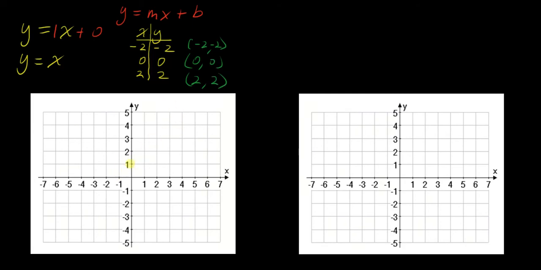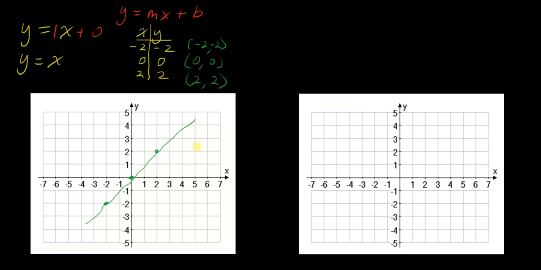So if I graph the point -2, -2, that means I go to the origin, I go -2 x's and -2 y's, and there is this point. Now, if I go to the origin and I go 0 x's and 0 y's, I'm still on the origin. If I go +2 x's and +2 y's, then there's my point. And you can see that this equation, y equals x, forms this line on the graph.